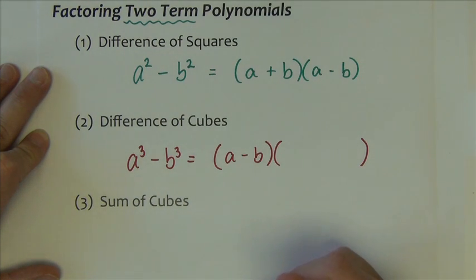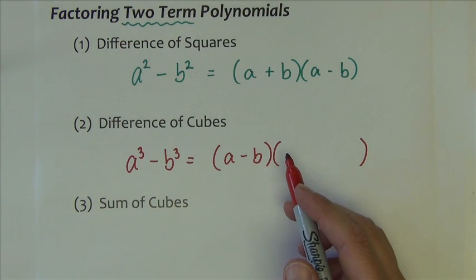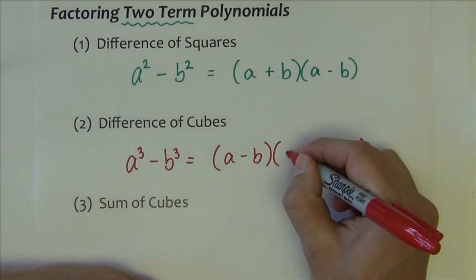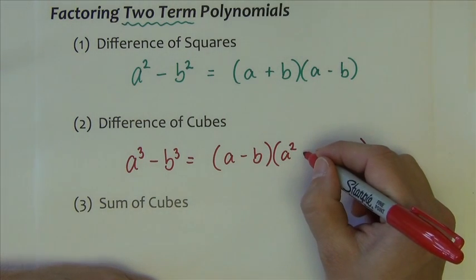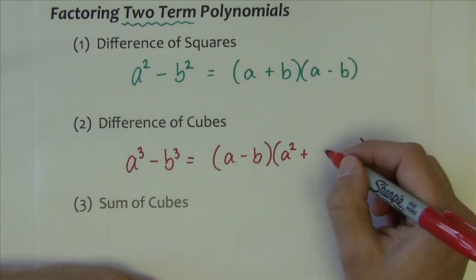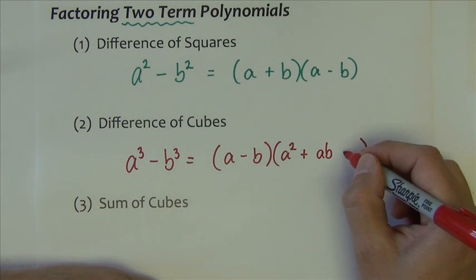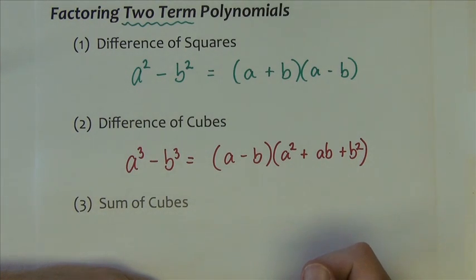It's just simply a minus b. The second factor is a trinomial. 3 terms in the second one. It's going to be a squared plus ab plus b squared.